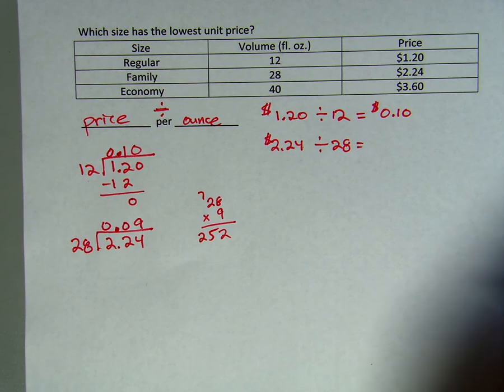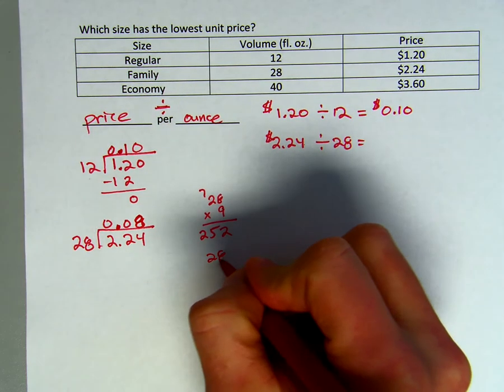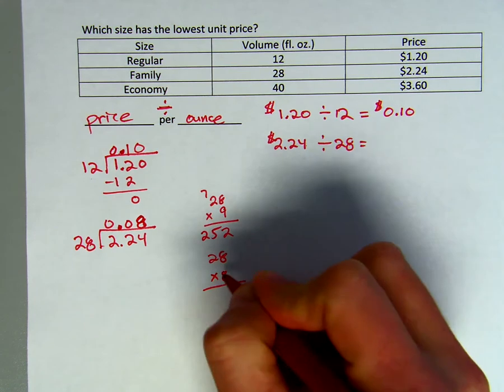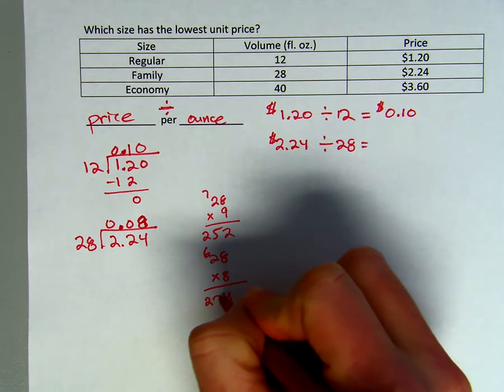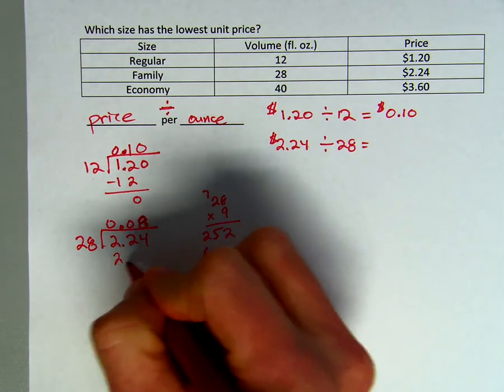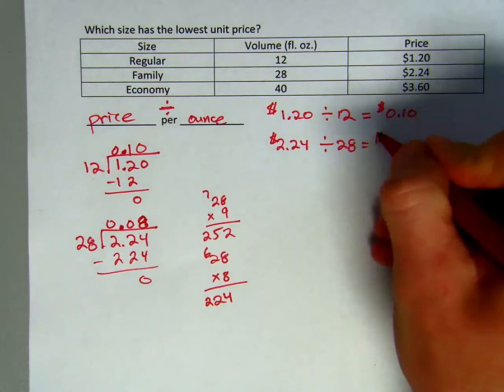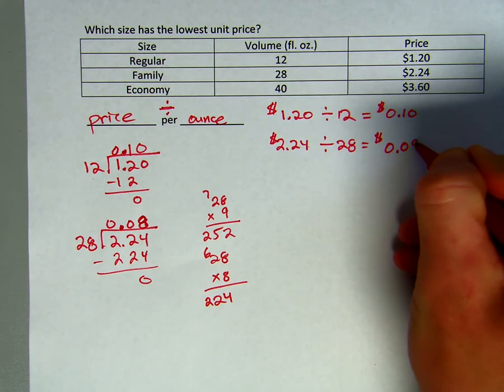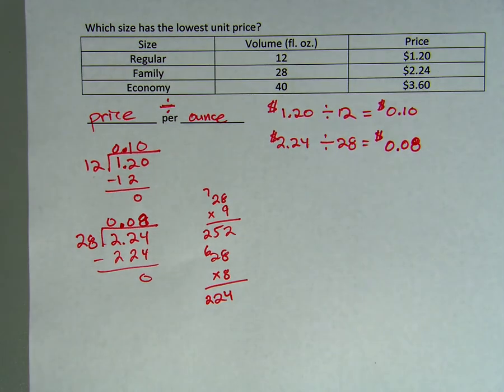That's actually too much, so I'm going to go down to 8. 28 times 8: 8 times 8 is 64, 8 times 2 is 16. It's 224. And that's actually perfect. So this one is 8 cents per ounce. So that so far is a better deal than my regular size.